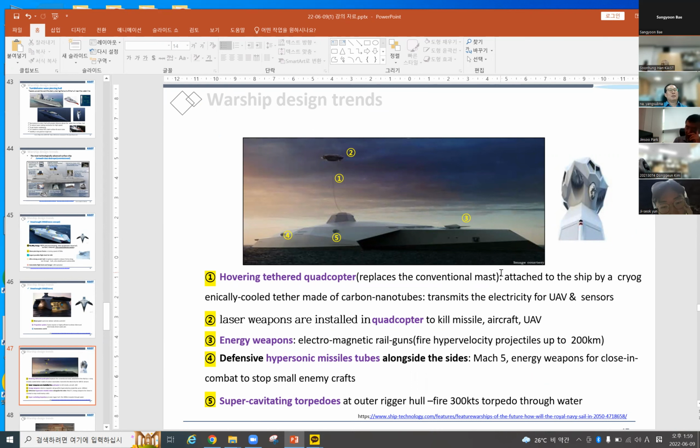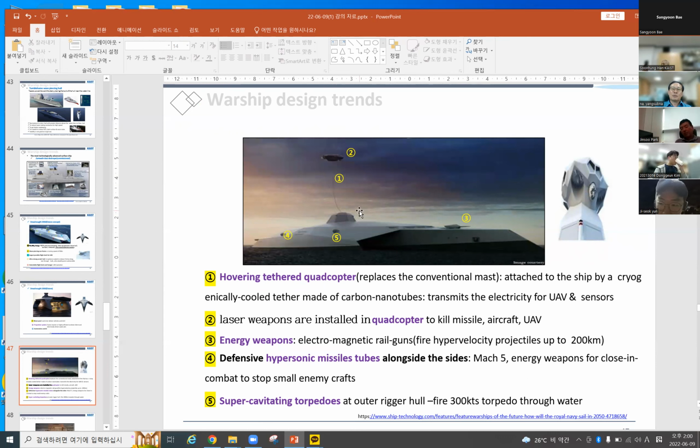In this war environment, many satellite constellations are around the earth. So all the ships are contacted from the artificial satellite. So to avoid that, the ship should be under the sea level.